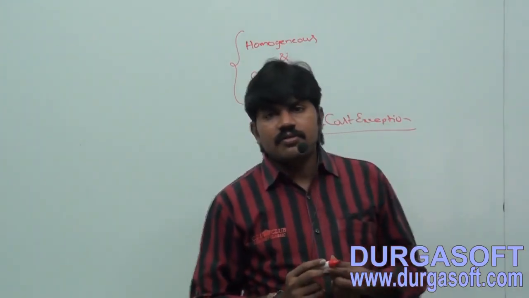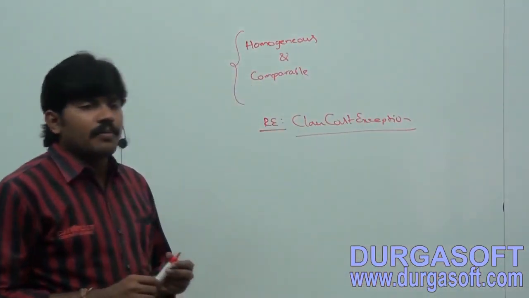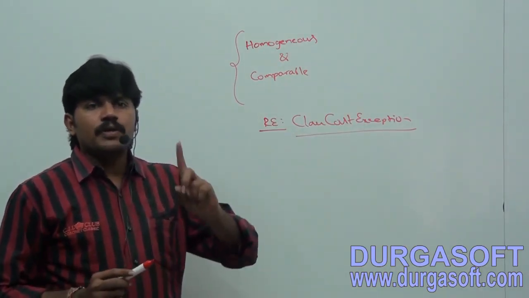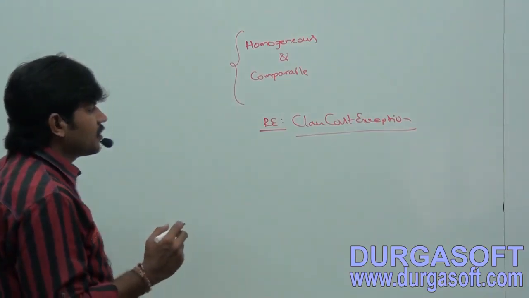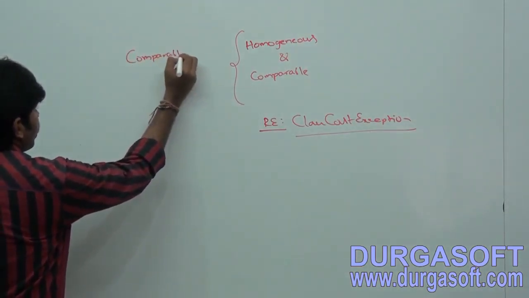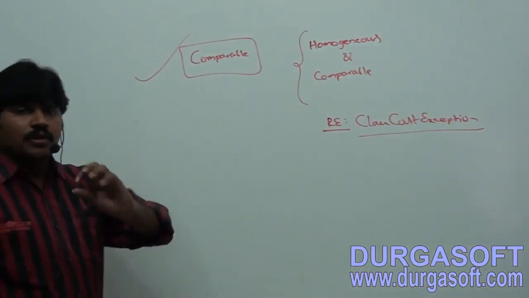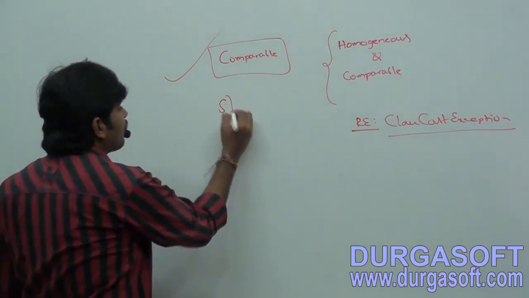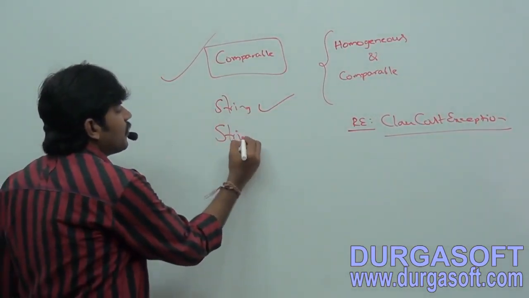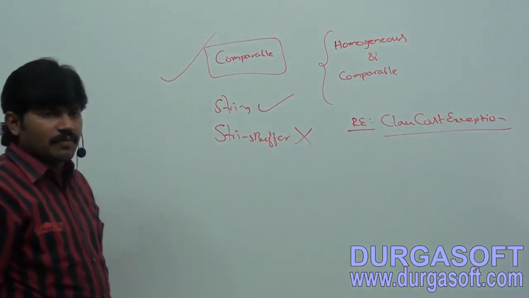Sir, can you tell when we say that an object is said to be comparable? If and only if the corresponding class implements the Comparable interface. Does the String class implement Comparable?